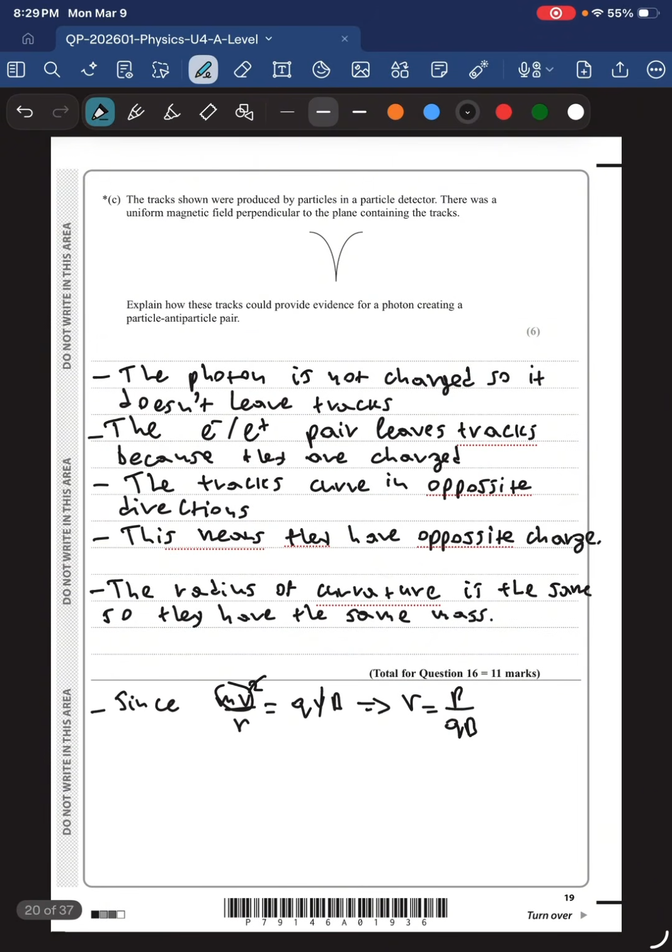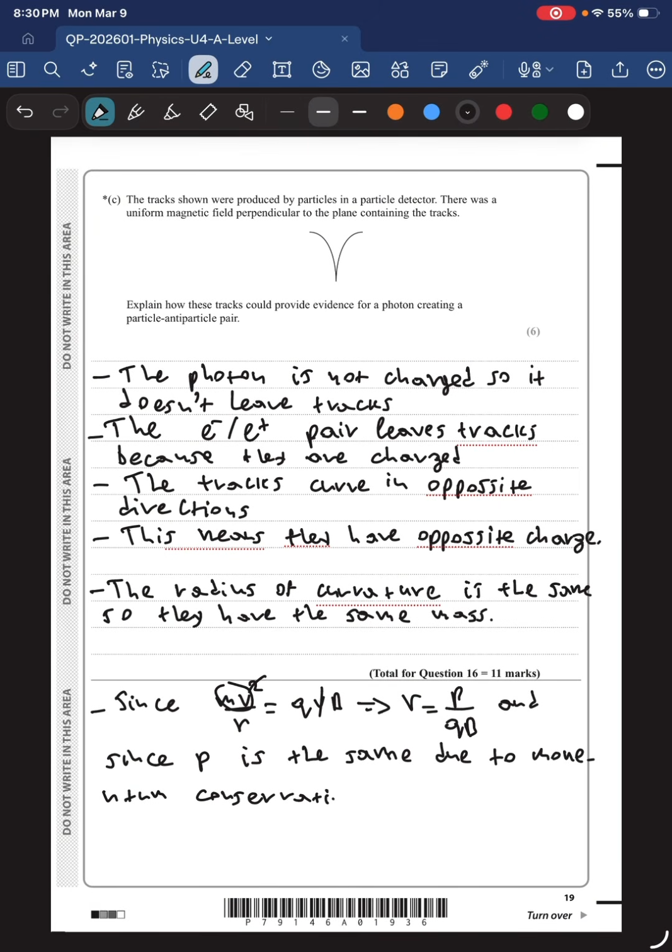And since p is the same, this means the charge is the same. All right.